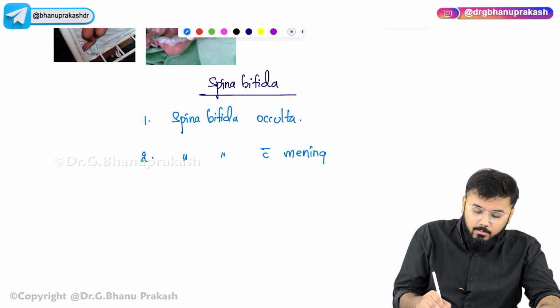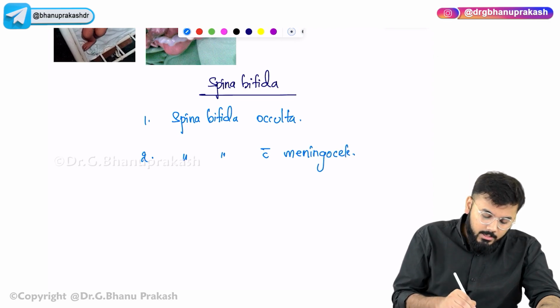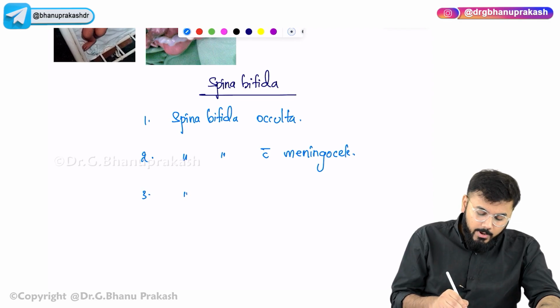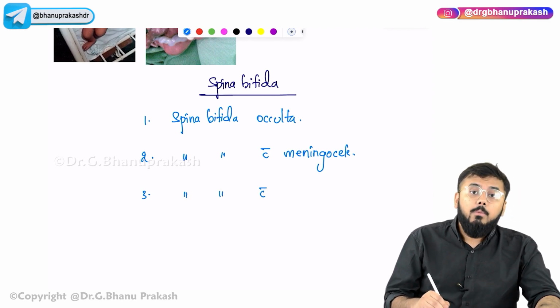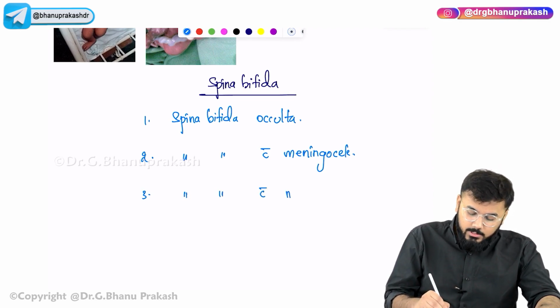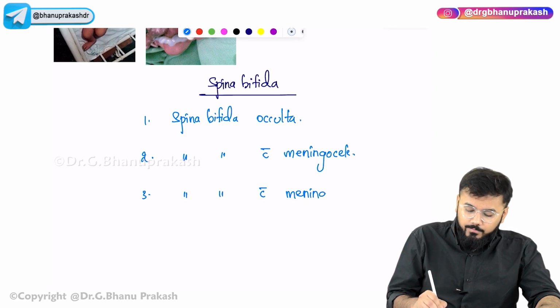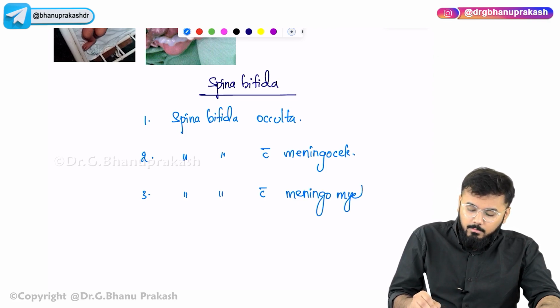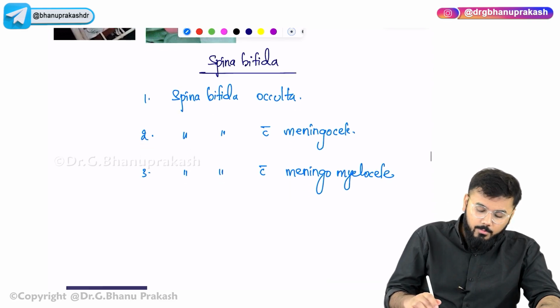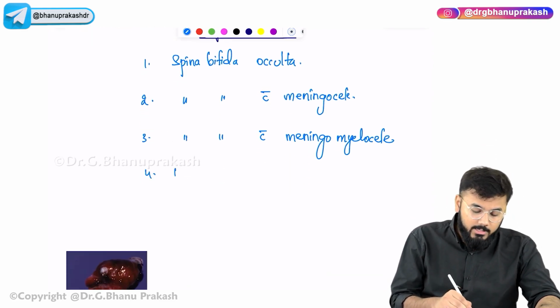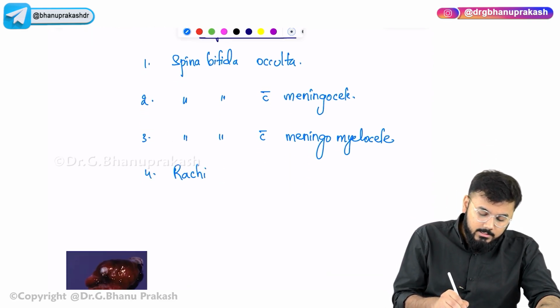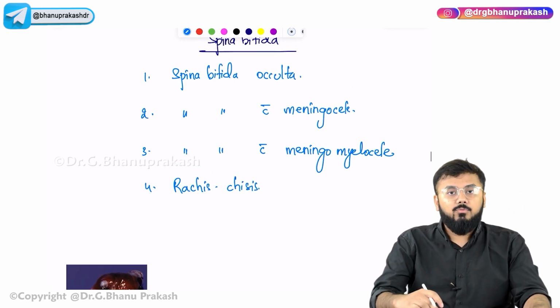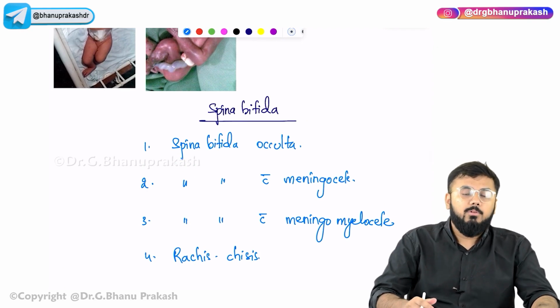Third is spina bifida with meningomyelocele or myelomeningocele. And the fourth is rachischisis. So these are the four important types of spina bifida.